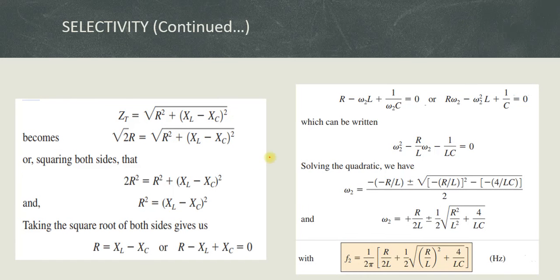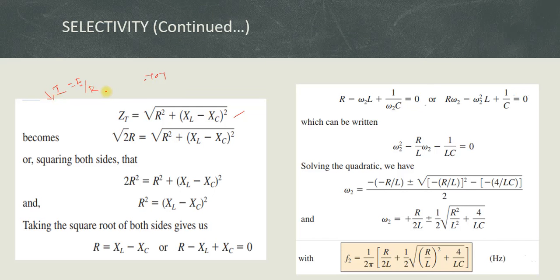So this is the impedance value, equal to the square root of R square plus (XL minus XC) the whole square, and we know that it is a half power frequency. At half power frequency we know that the current is around 0.707 times, and we know that I equals E by R. So at this condition my current is reduced to 0.707 of the I max value.